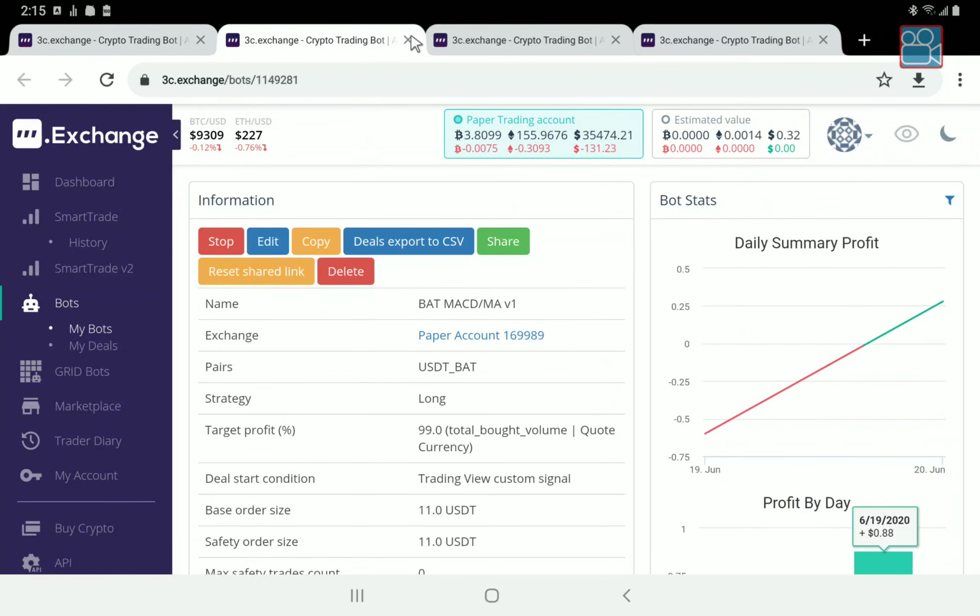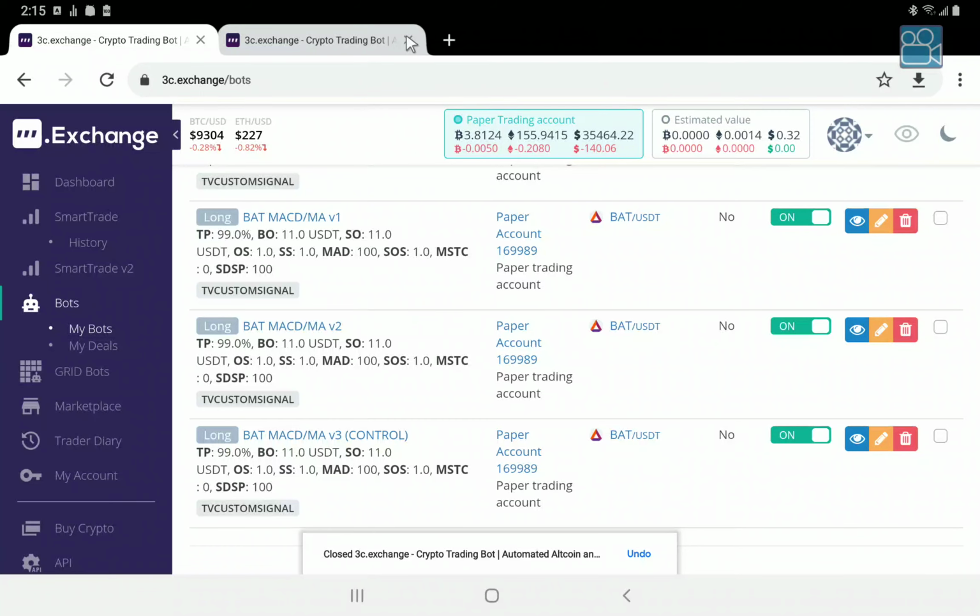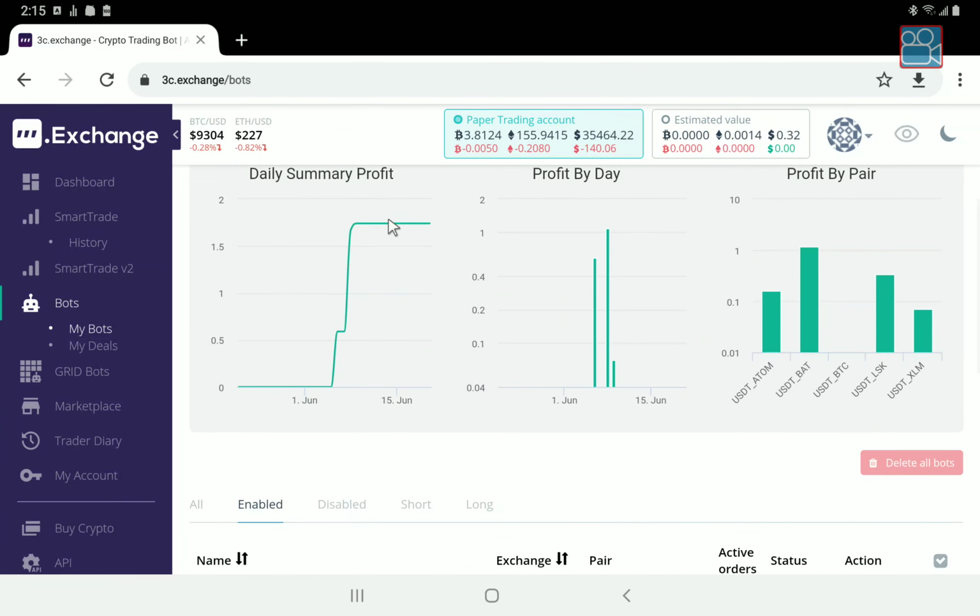So, let's get rid of this, get rid of this, get rid of this. Let's look at the big picture. The big picture shows between all 3 algorithms a profit of 1.17. That's not bad. So all 3 algorithms together are very profitable. Again, something to look at as a possibility to hedge against a market circumstance.